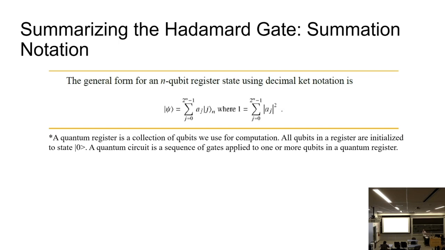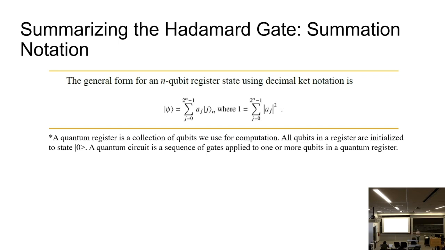And you can think about this form of the notation in a summation type form as well. If we think about an n-qubit register, a quantum register, we're just thinking about a collection of qubits that we use for computation, and all qubits in our register are initialized to 0.